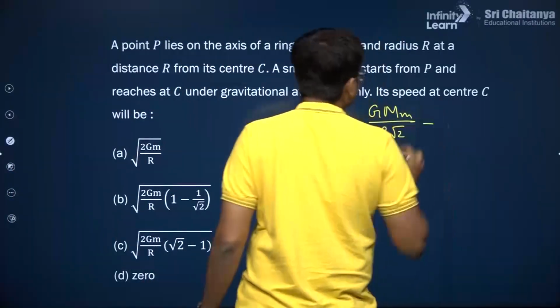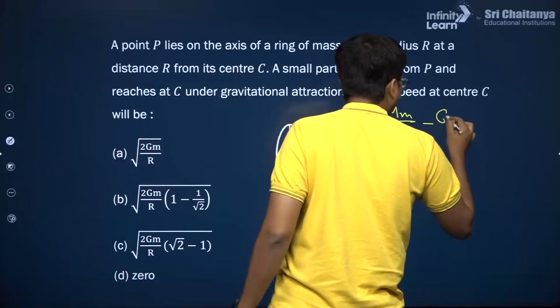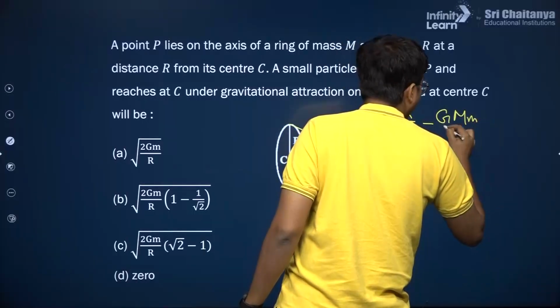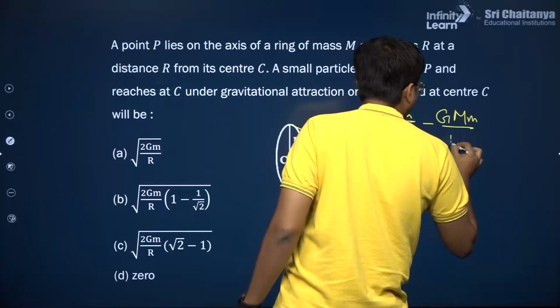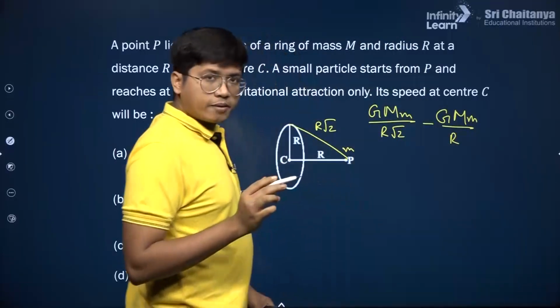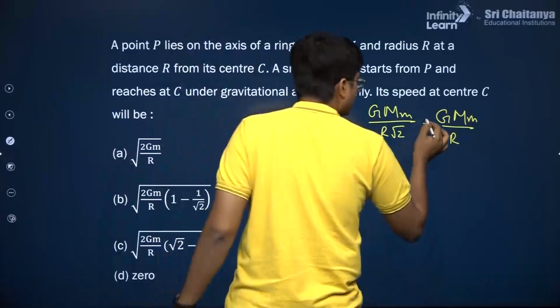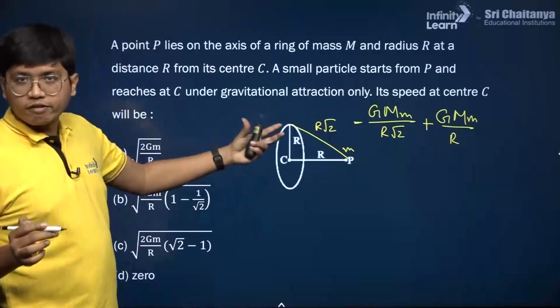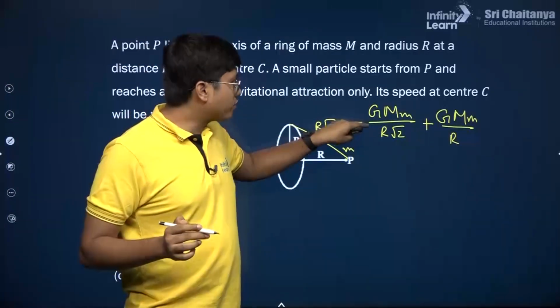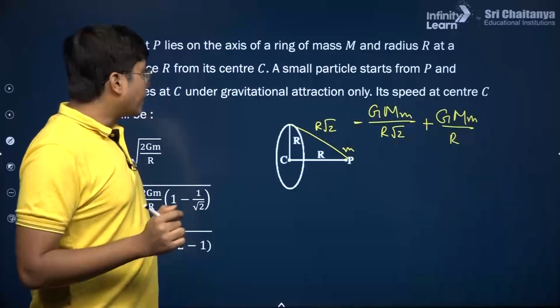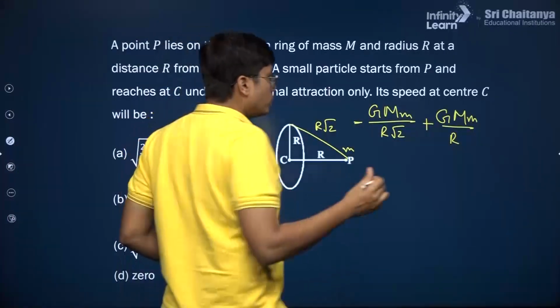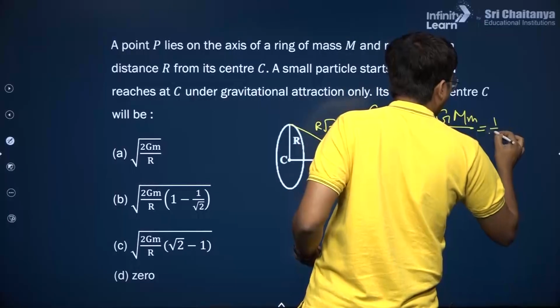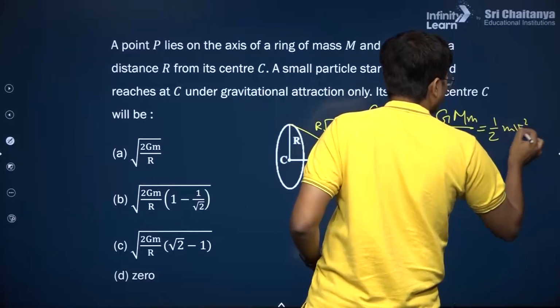So, the difference in potential energy is this minus Gmm divided by R. Now, this is actually just the opposite: it's plus and this is minus, because potential energy is generally given with the negative sign. So we'll have this minus, this plus, and that is equal to half mv square.